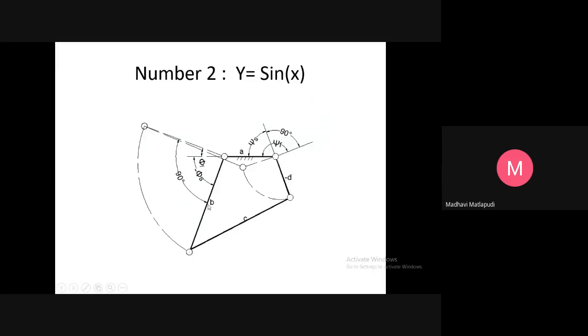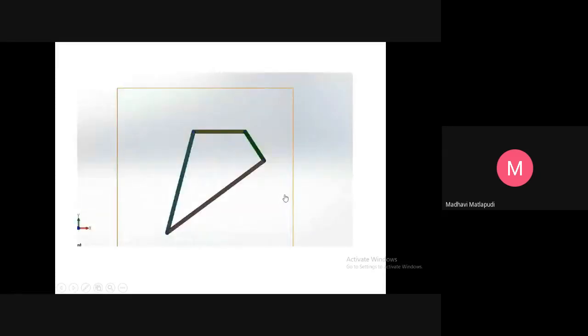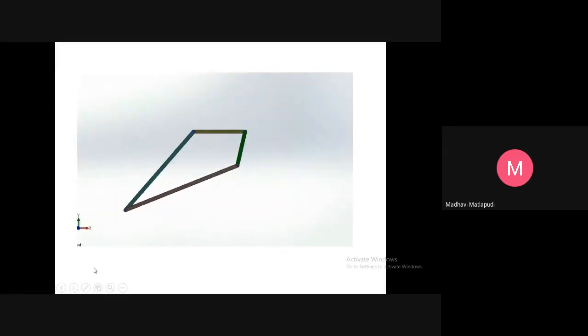This is link B, link C, link D. If we arrange this 4 bar linkage with a specific set of input angles and link proportions, and then with a specific set of output angles, and give motion input to the link B, then link D will derive a path which is a sine function. We can see just the motion of this particular linkage.